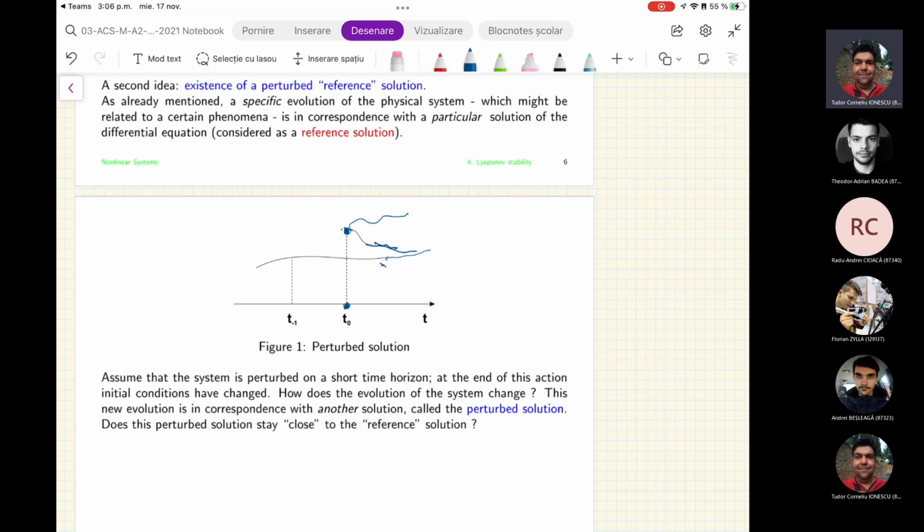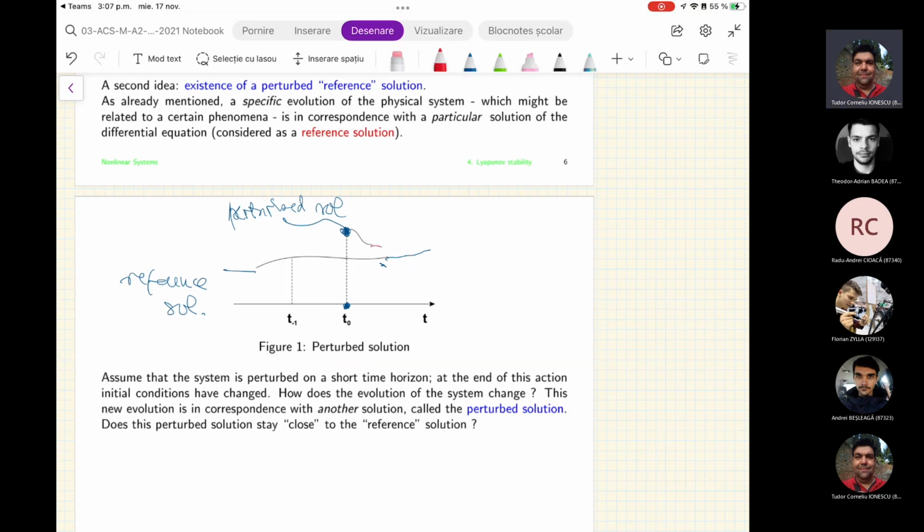So this new evolution corresponds to a different solution, called the perturbed solution. Does the perturbed solution stay close to the reference solution? So this here is the perturbed solution, and this here is the reference solution. Let's use a different color, let's use red.